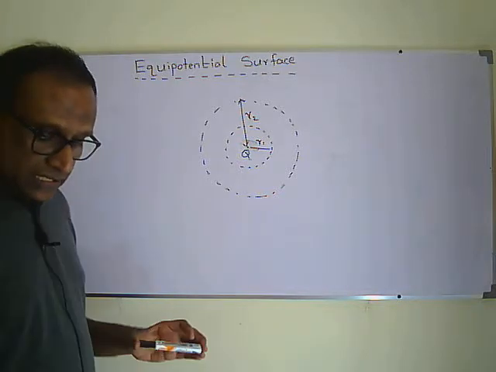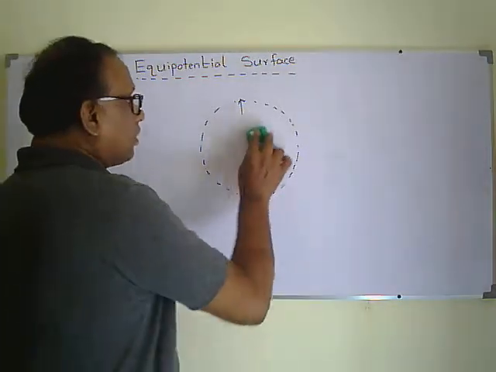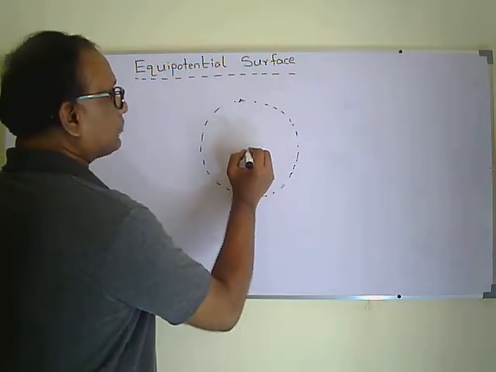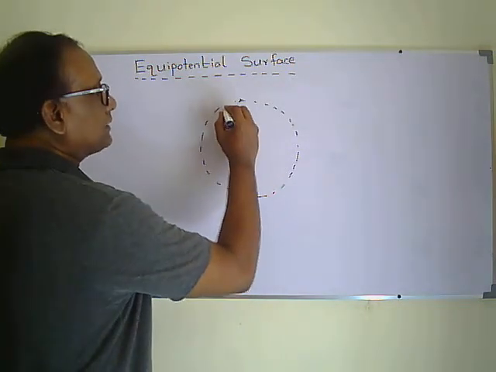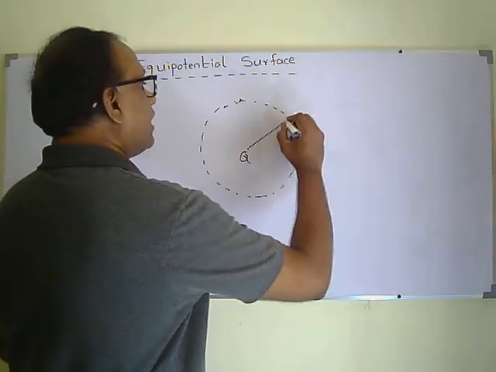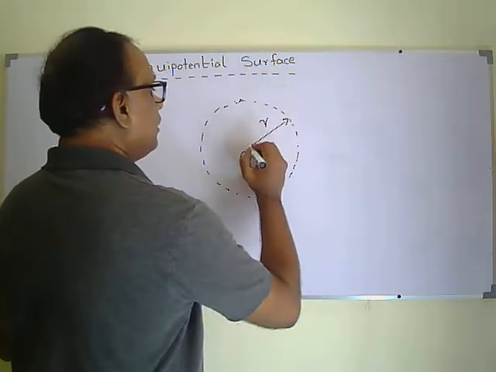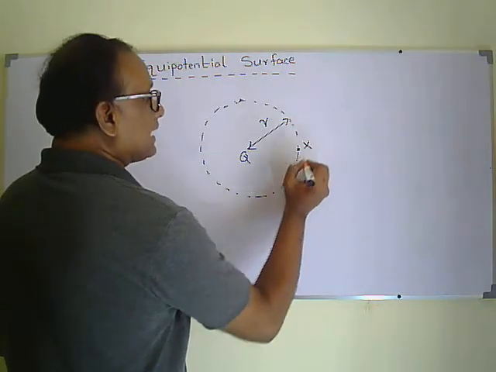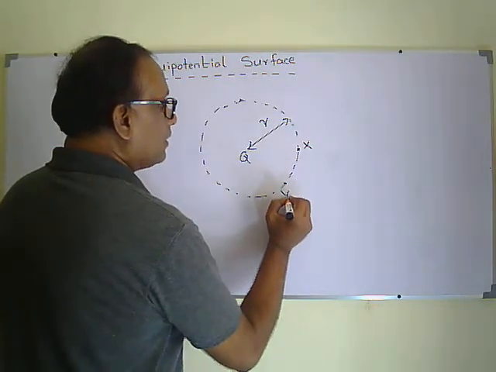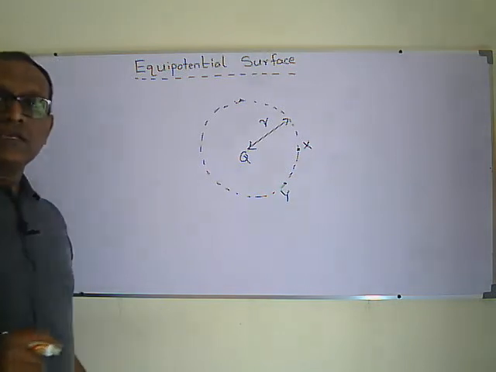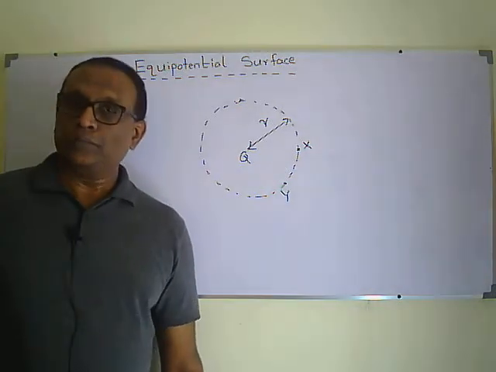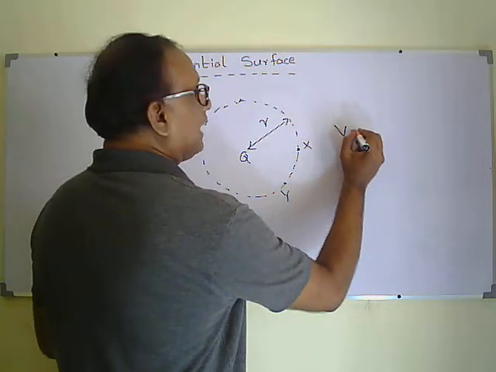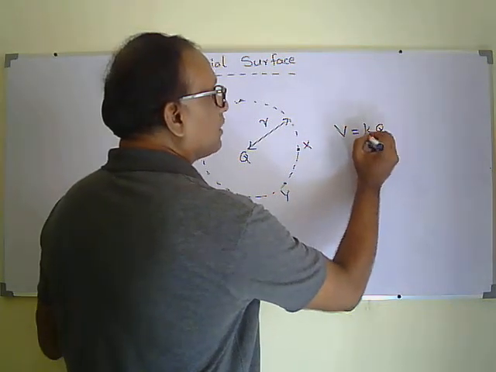Now consider two points on an equipotential surface. Say this is a point charge Q. It creates an equipotential surface at a distance r from it. On that sphere, consider two points x and y. Both will have the same potential, V equals kQ over r.